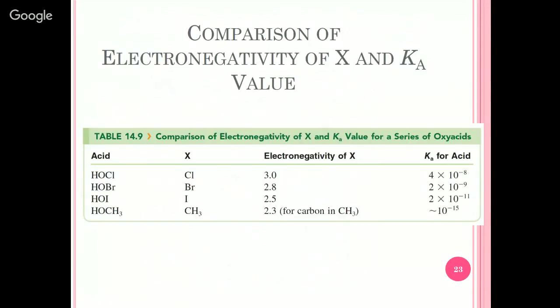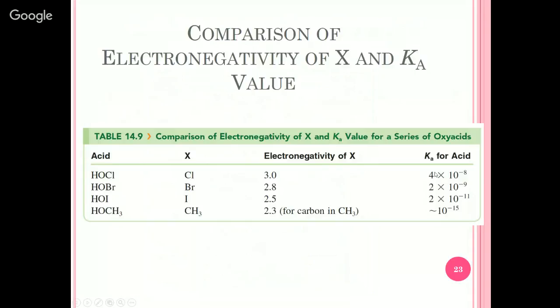So what if you're an oxyacid and we want to look at bond polarity? Comparing Cl to Br to I and then to what we call a methyl group. The electronegativity is clearly decreasing as we go down our group of halogens, and then for carbon, because the oxygen is connected to carbon here.